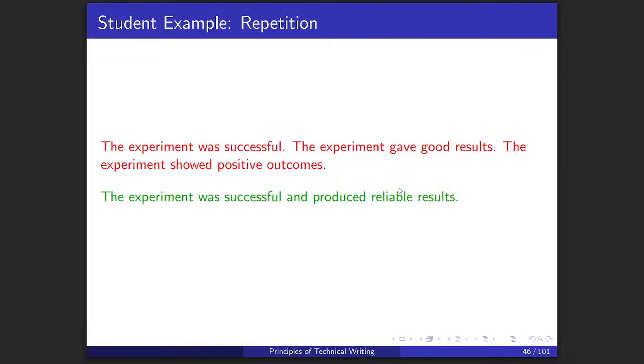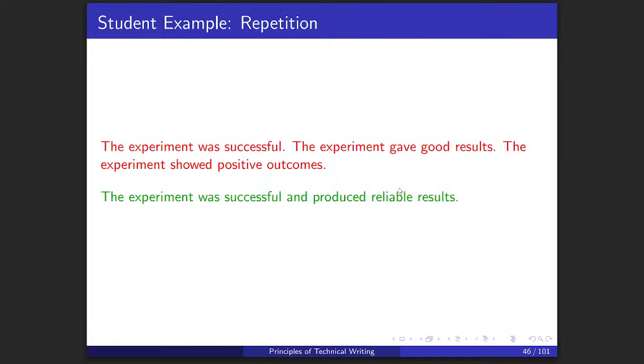From the exam point of view, you write like this: "The experiment was successful." You have concluded that. But again, "the experiment gave good results." Okay, done. Then again, "the experiment showed positive outcomes."